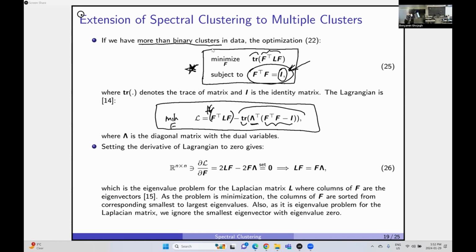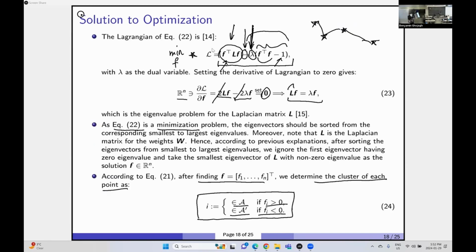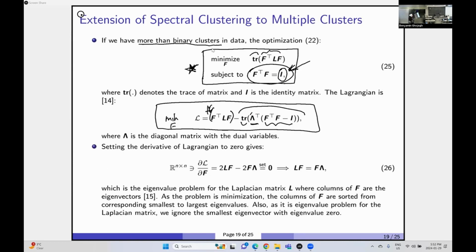So inner product of a scalar with lambda became simple multiplication. Recall this here: lambda times F transpose F minus 1. Basically, it was lambda transpose, but lambda is a scalar. But this time it is a matrix, so I should say lambda transpose, but we know that according to preliminaries, inner product for matrices has trace.